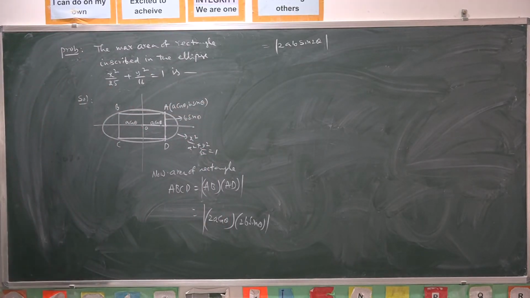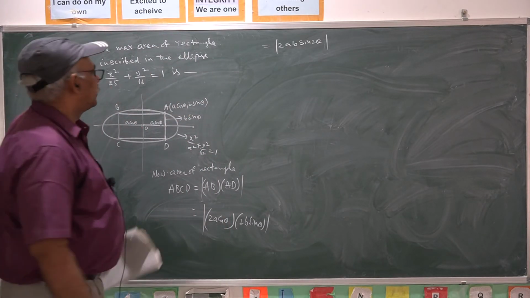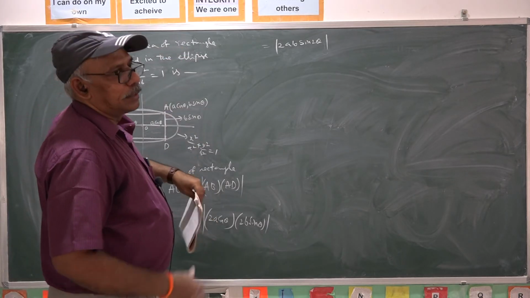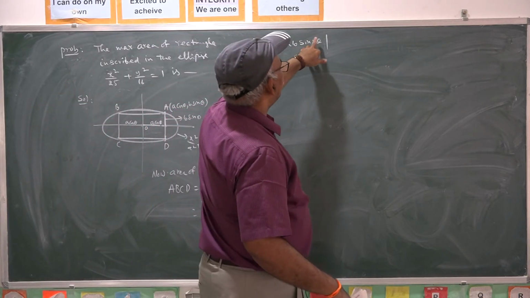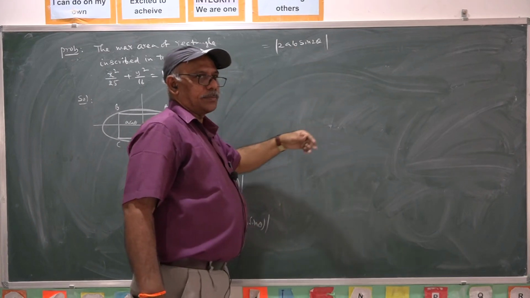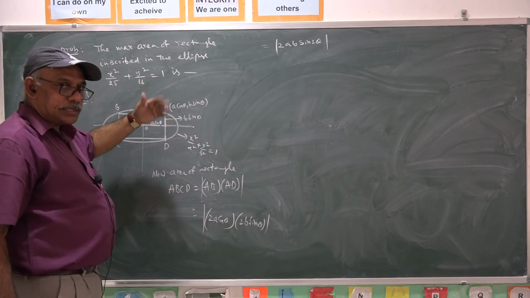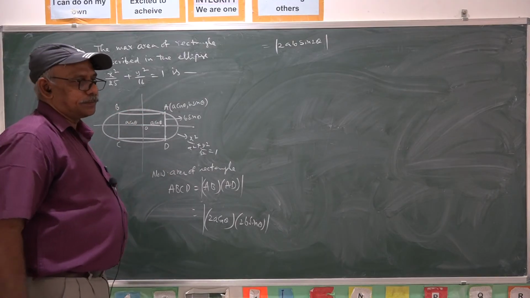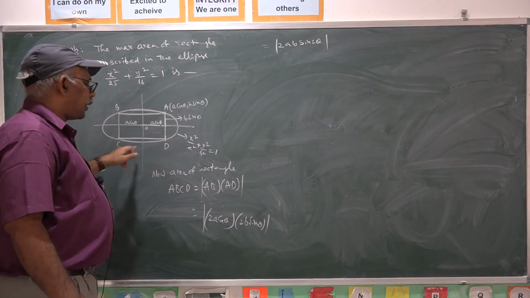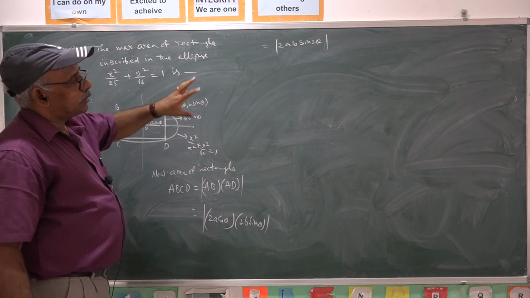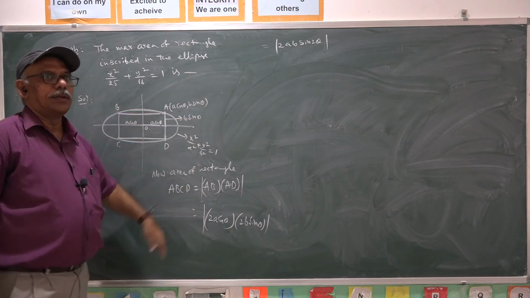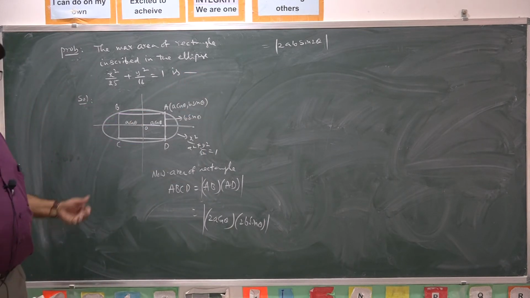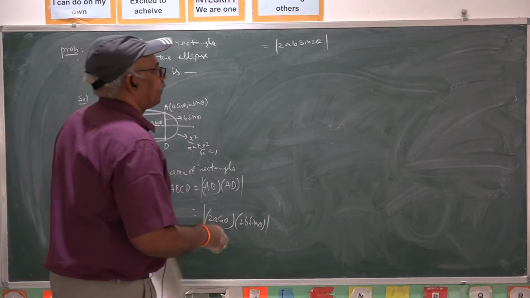This area takes its maximum value once sin 2 theta takes its maximum, because as theta changes, the point on the ellipse changes. Once this point changes, this point changes. Automatically, the area of the rectangle changes. So the area of the rectangle is a variable here.